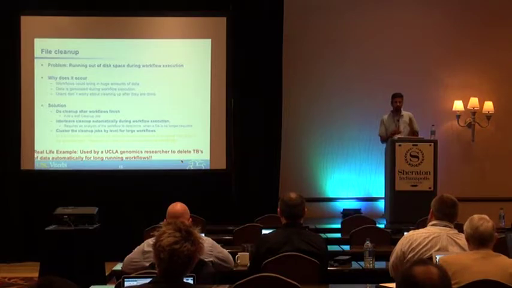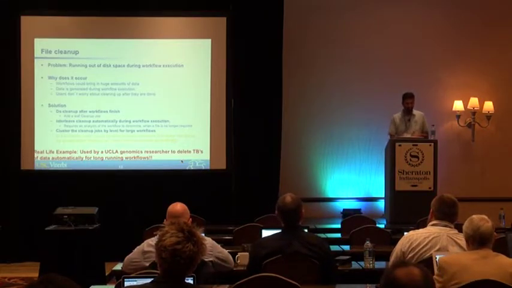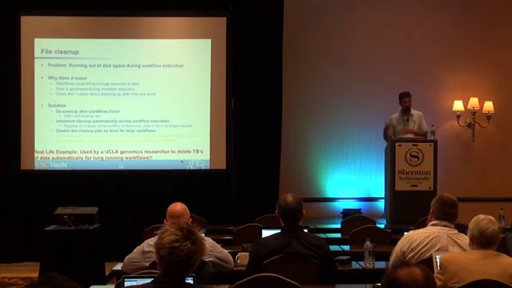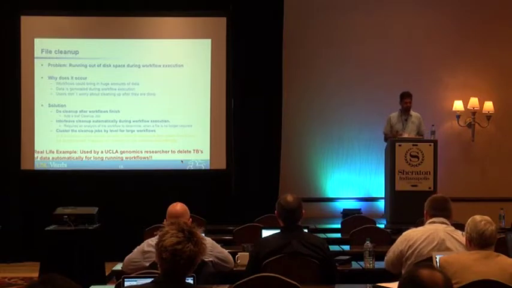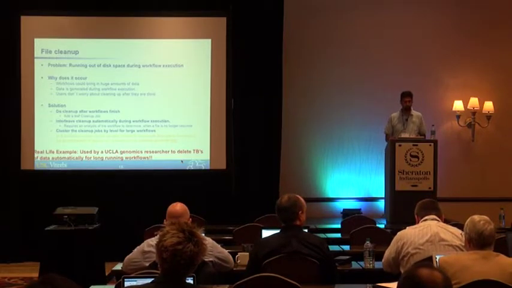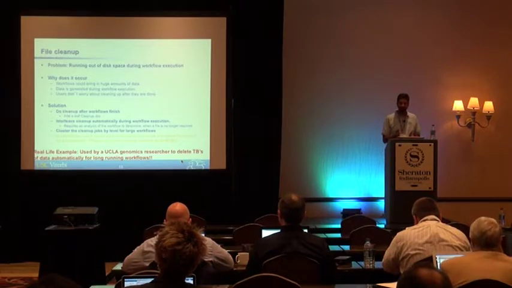One is, Pegasus in its executable workflow generation phase can add a cleanup node, a leaf cleanup job, to the workflow so that all the intermediate data products get removed once a workflow succeeds. Or you can also interleave cleanup automatically during workflow execution.